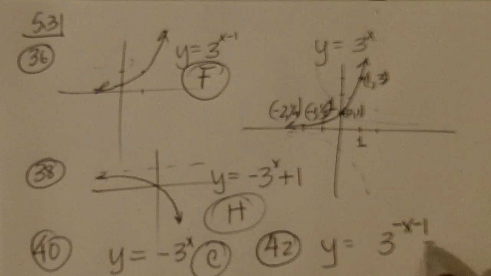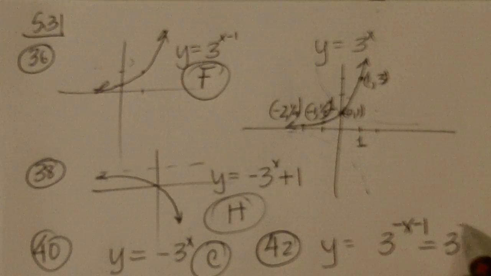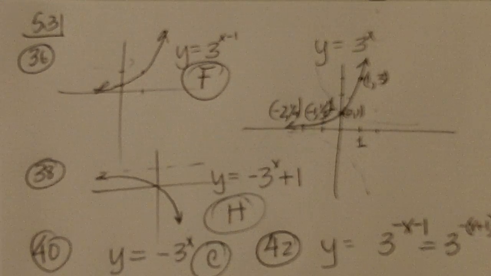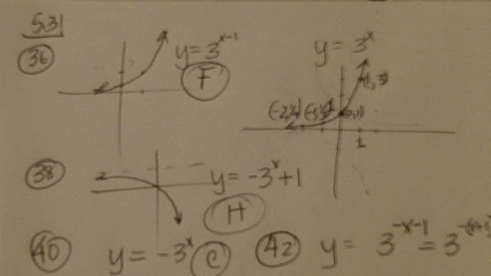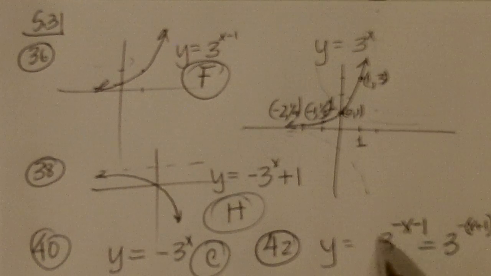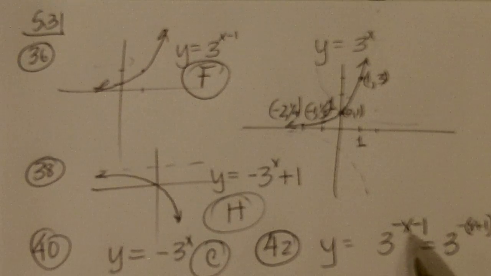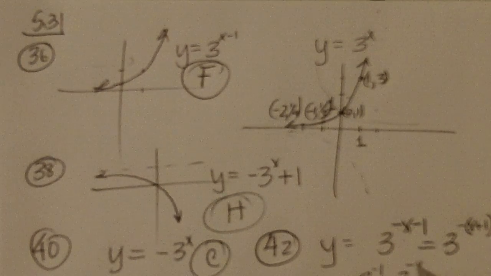So this would be the same as 3 to the minus x plus 1. And I don't see that in any of these here. But these are added exponents, so I could split this up. This is minus x plus a minus 1, so we could write it as 3 to the minus 1 times 3 to the negative x.